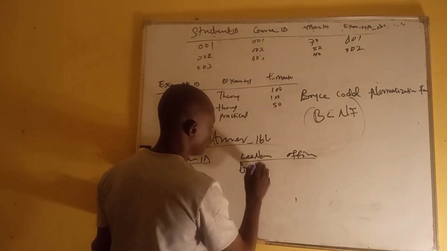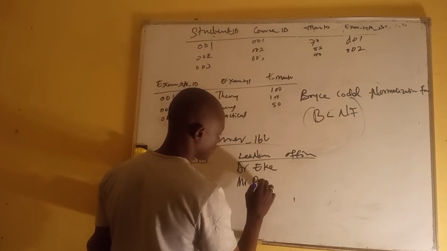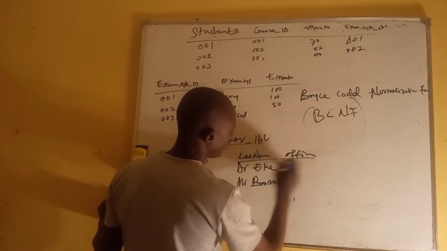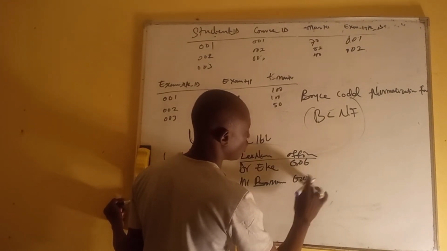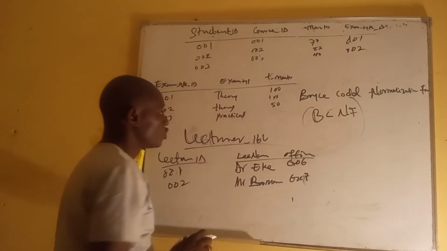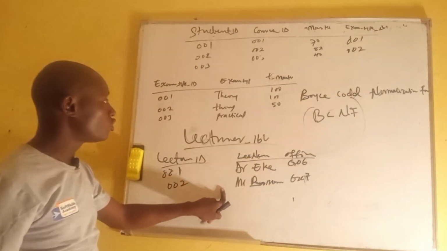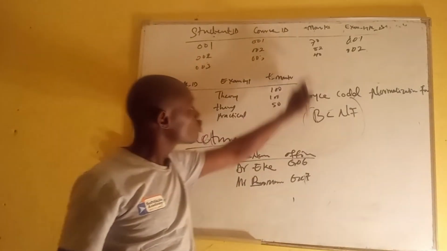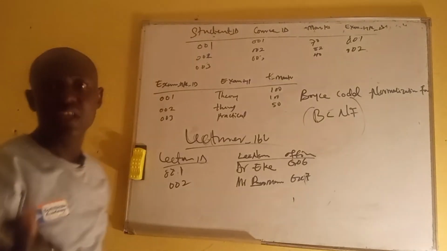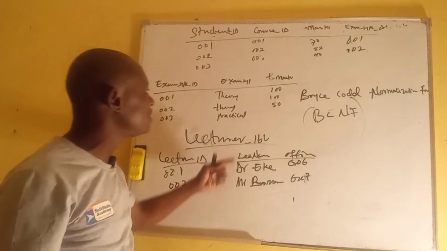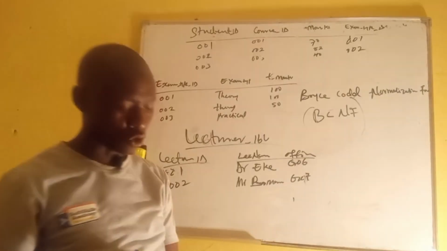You have maybe Dr. AK, maybe Mr. Bamanga, maybe here is in GO6, here is in GO1 or GO7. So again, you are going to create another table called exam score. So each of the affected tables here must have their own table, and should be related with each and every table here. That's what they mean in the top normal form.